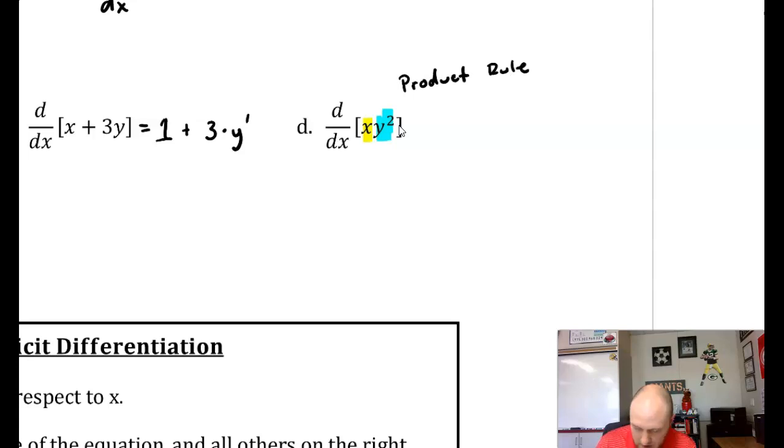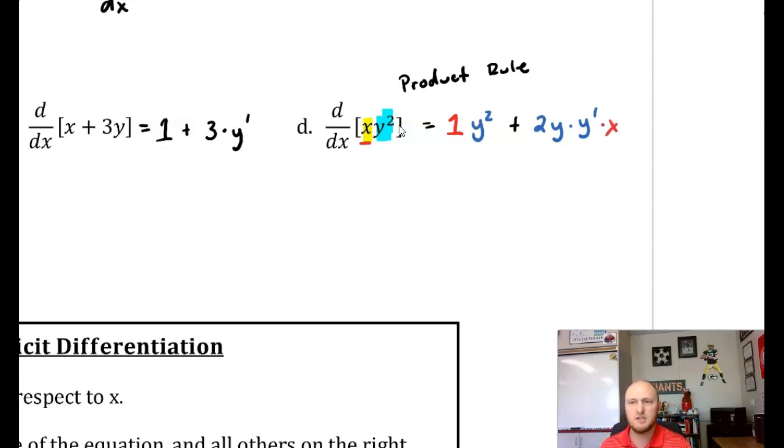So what I'm going to do is utilize the product rule. I have the derivative of the first, which is just 1, times the second, which is y squared, plus the derivative of the second, which is 2y, times the derivative of y with respect to x, so I can call this y prime, or dy dx, times the first, which is x.